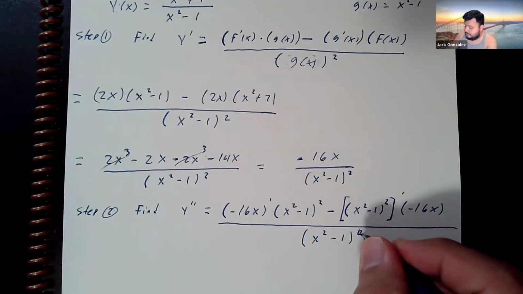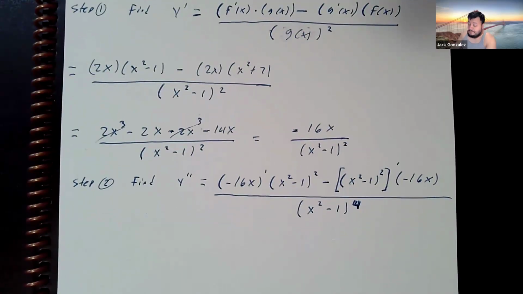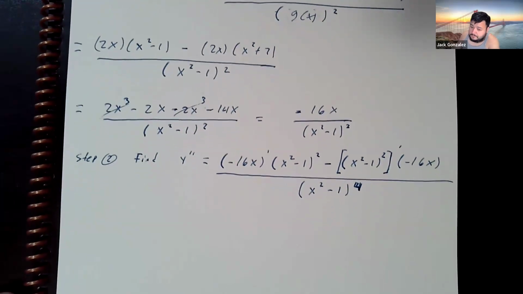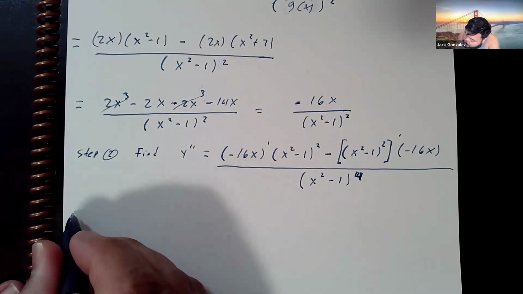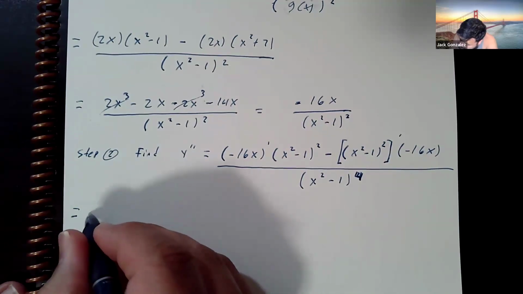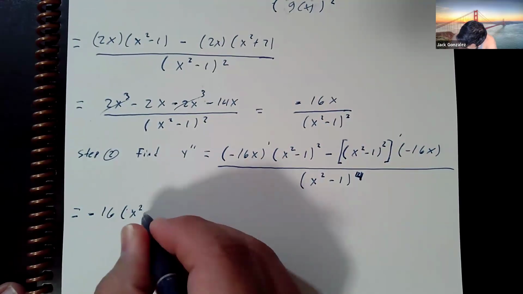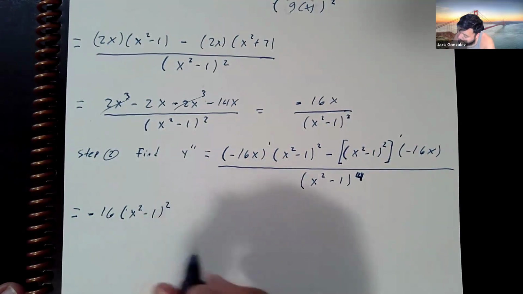And then this will become a fourth. This is just a really gross derivative. So this would be negative 16 times (x squared minus 1) squared.